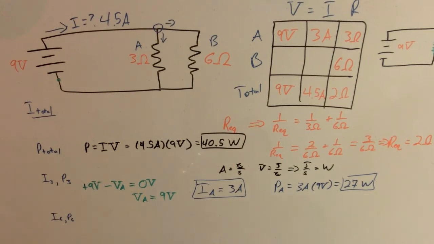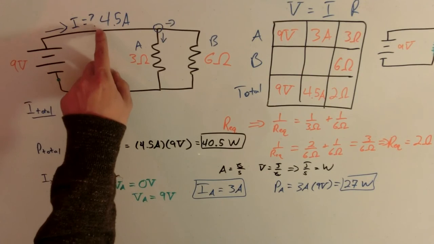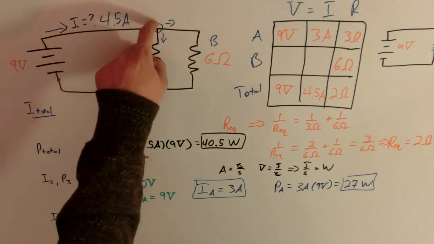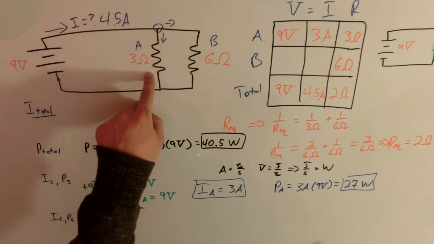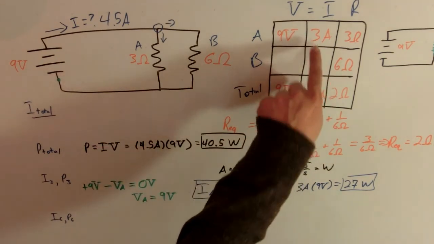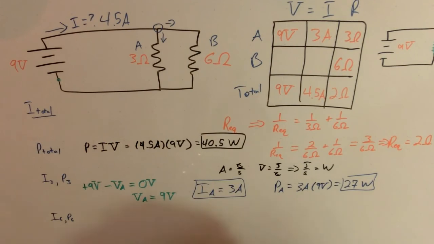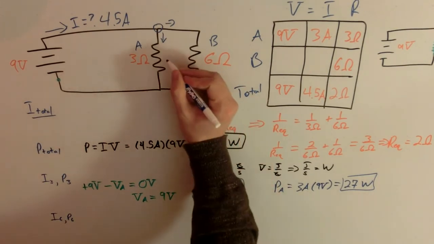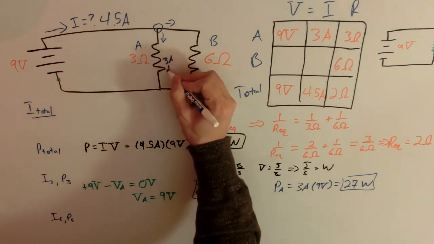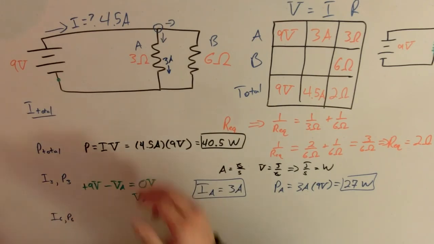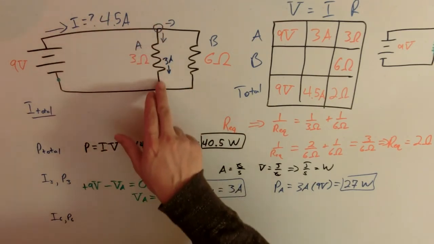So that's one way of doing it. The other way, let's use Kirchhoff's junction rule, right? We know now that we have 4.5 amp coming into this junction. How much is going through our resistor A? Well, I can check my chart. Right here, the current going through that is 3 amps. So I've got 3 amp going this way. So I have 4.5 coming in, 3 of it goes this way.